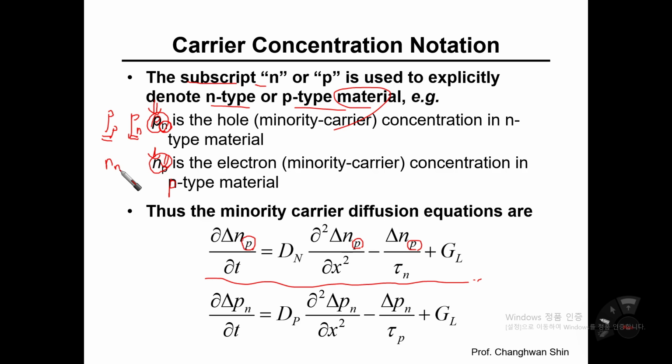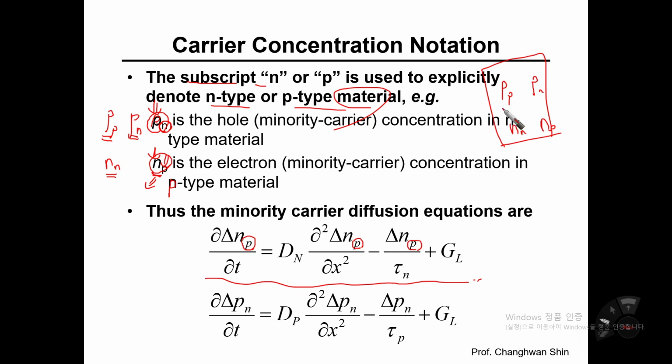What about n sub n? Yes, electron concentration in the n-type material, in other words the majority carrier concentration in the n-type material. Okay, so those are four guys: p sub p, p sub n, n sub n, n sub p.